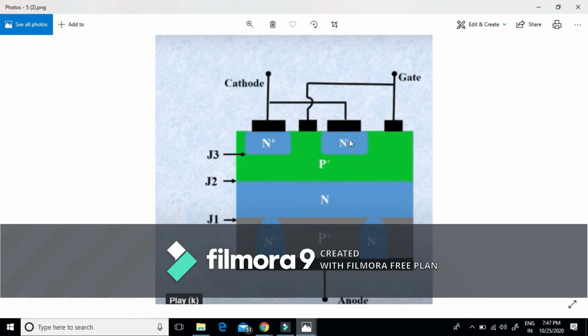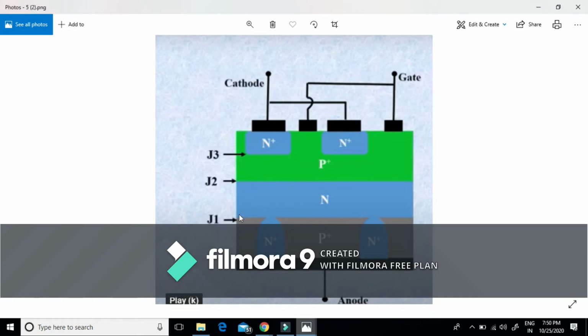From these N+ layers, the cathode is brought out, and from this inner P+ layer the gate terminal is brought out. Or we can say this GTO is made of two back-to-back transistors, one a PNP transistor and another an NPN transistor.